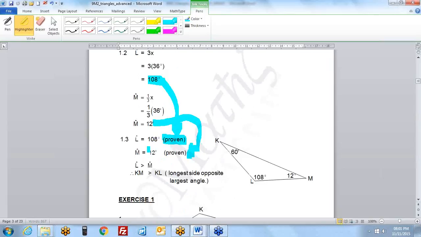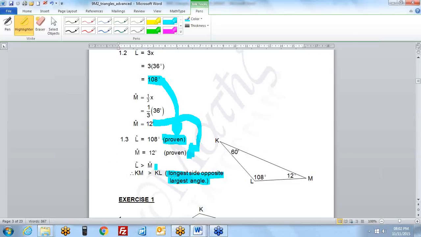And then you can say that angle L is greater than angle M in size, because 108 degrees is bigger than 12 degrees. Therefore, the side opposite that angle, KM, will be greater than the side opposite angle M, which is KL. And then you put in brackets, longest side opposite largest angle.